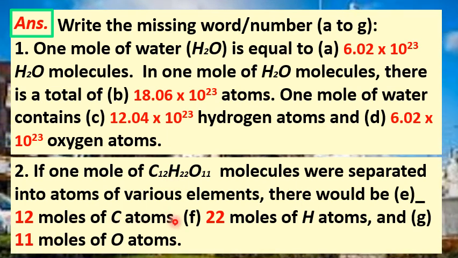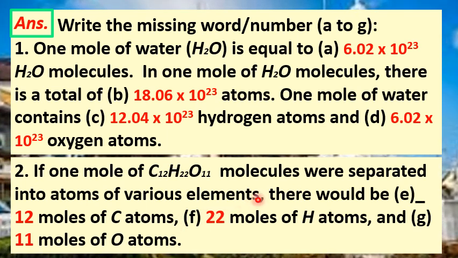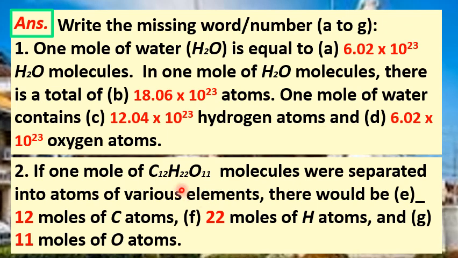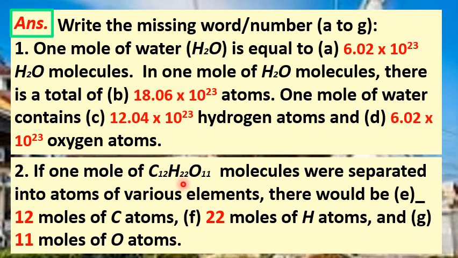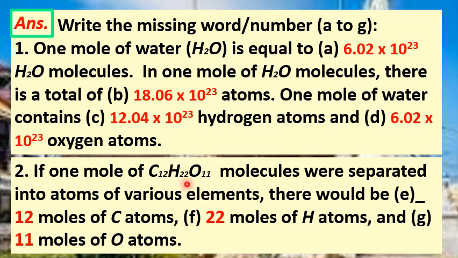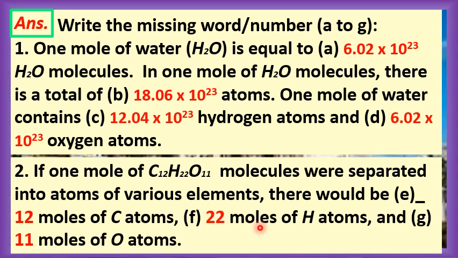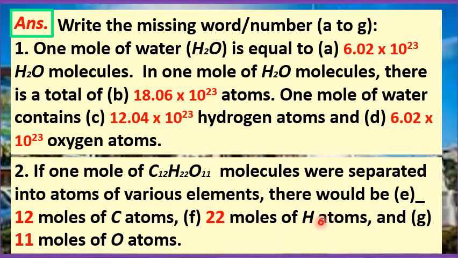And for letter F, referring to the number of moles of hydrogen atoms, since the subscript for hydrogen is 22, it means that we are talking about 22 moles of hydrogen atoms.